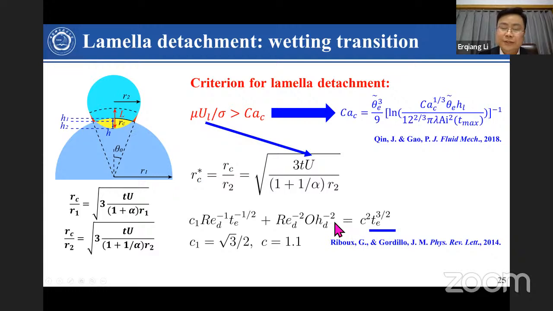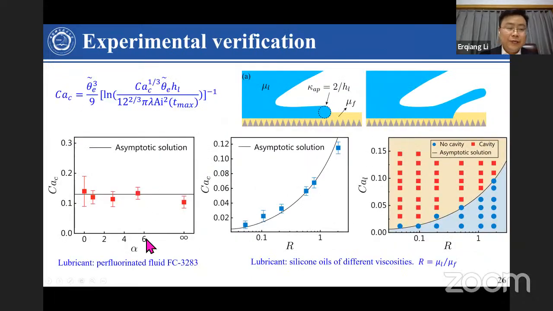So we can calculate our real capillary number and the critical capillary number, then compare them. If we use this as a lubricant film, we don't change the lubricant film, we just change what we call the curvature ratio. We see our calculated number agrees pretty well with our analytical value.